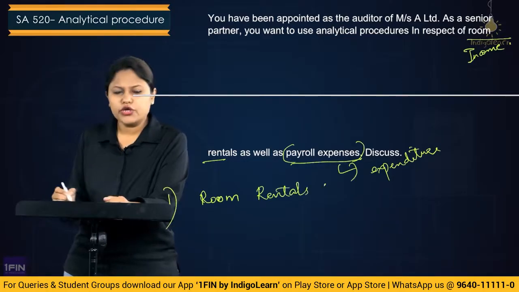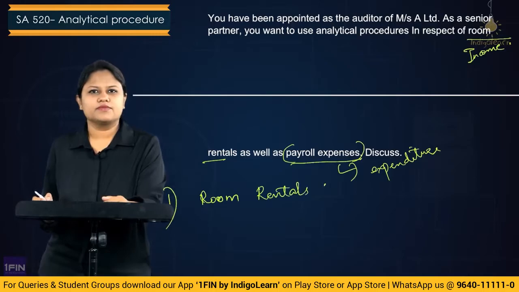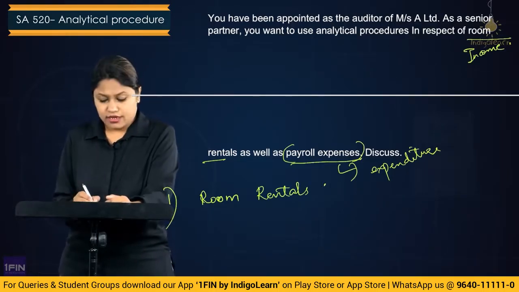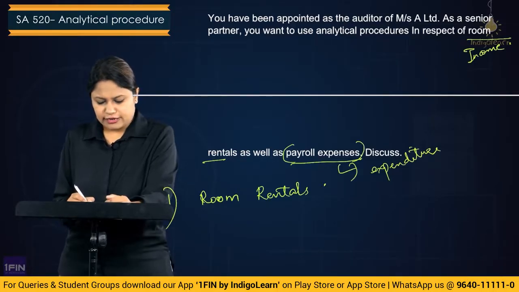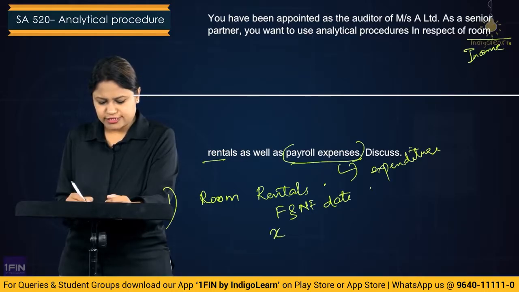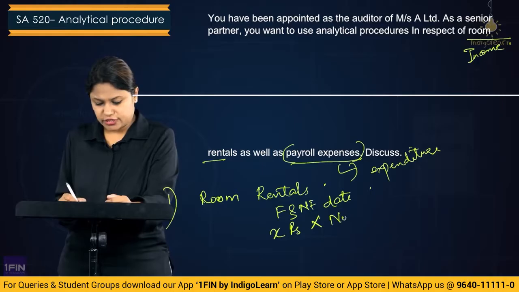Okay. Now how would you apply the analytical procedure? Basically you would do some kind of a study, or maybe you would do a calculation by taking the relationship between financial and non-financial data. So you will establish a relationship. The financial data would be the room rentals. Okay. So you would have room rentals, assume some X rupees. This with the number of rooms, that is non-financial data, you could take number of rooms, and obviously this data will be available. Okay.